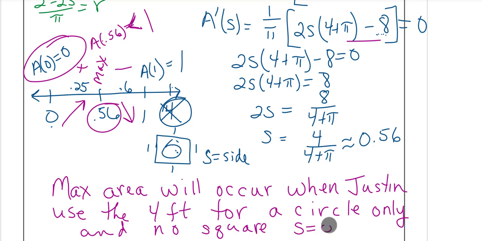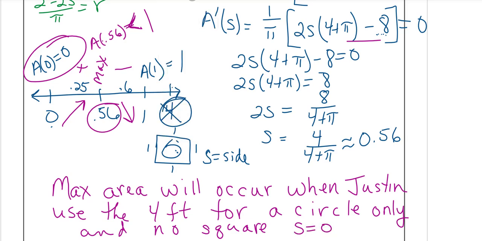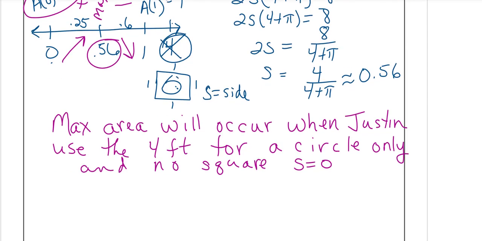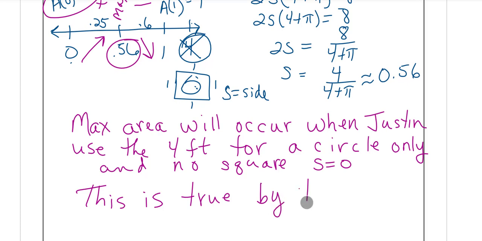So s is equal to 0. And my reasoning can be that, whoops, this is true by the extreme value theorem, the EVT. And that's the end of this lesson, and we will go over it in class.